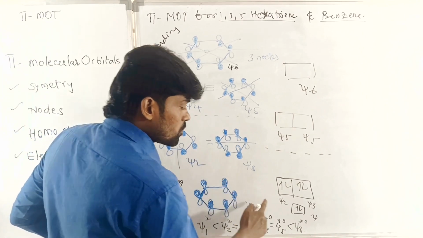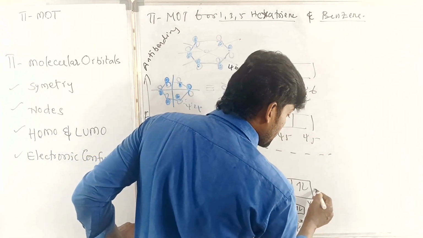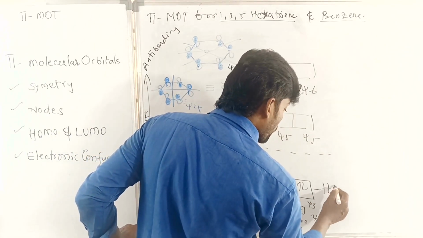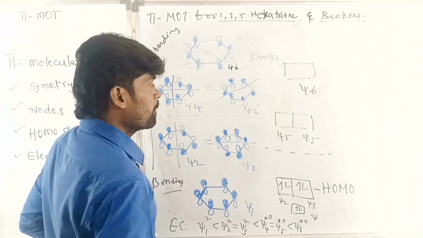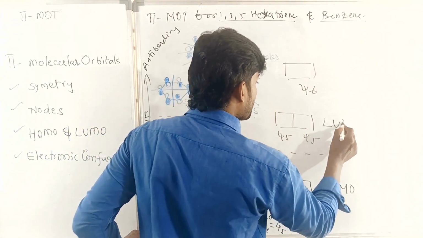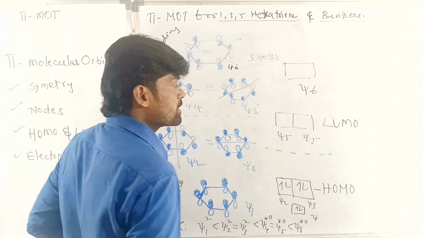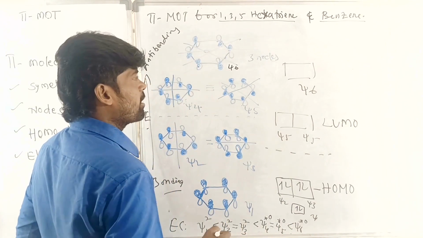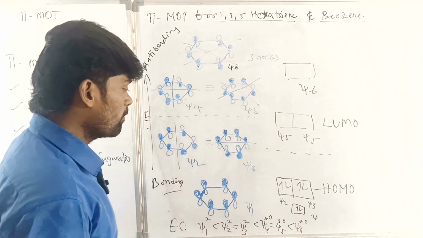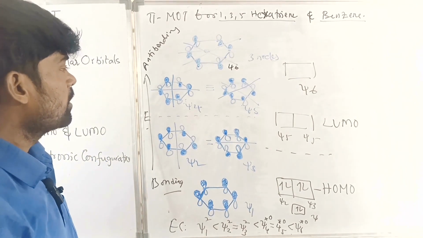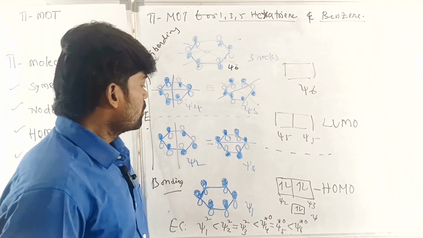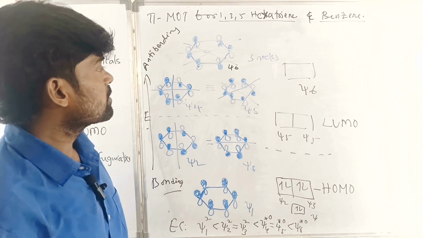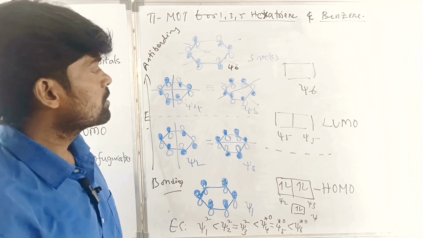So psi 2, psi 3 are the HOMO orbitals, highest occupied molecular orbitals, and psi 4, psi 5 are the LUMO, lowest unoccupied molecular orbitals. And this is very much enough to get the marks in your exam.